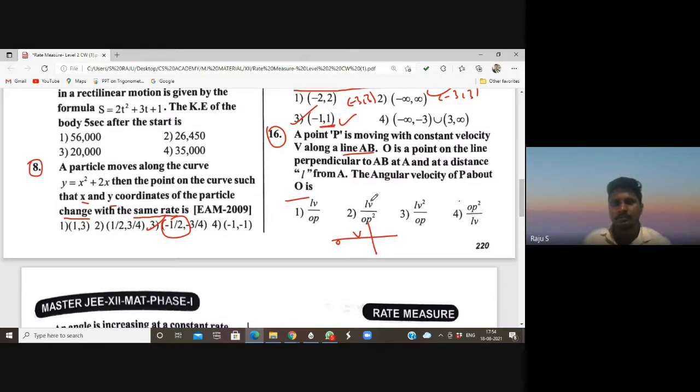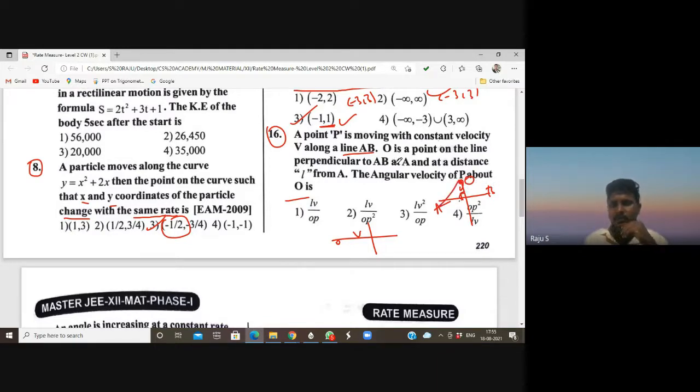In this question, students, P is moving with constant velocity along the line AB. O is a point on the line perpendicular to AB, so if we draw this, it will form a right angle.